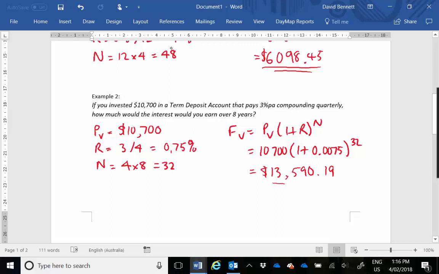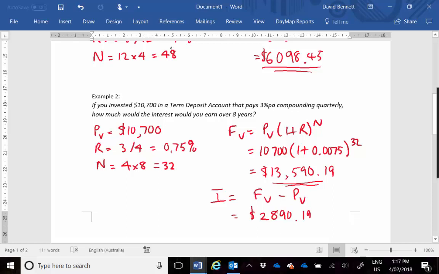That's what my account's worth after 8 years. So my interest is equal to my future value take away my present value. So I need to take that 10,700 away from that. If I did that, that's going to give me $2,890.19.